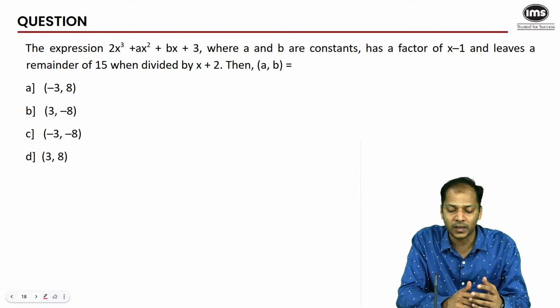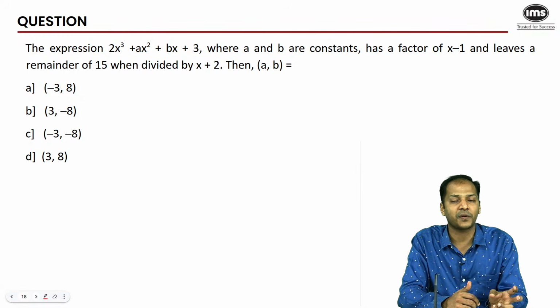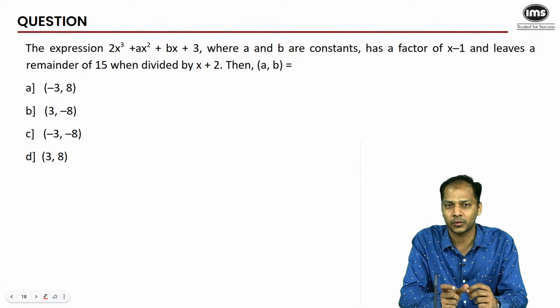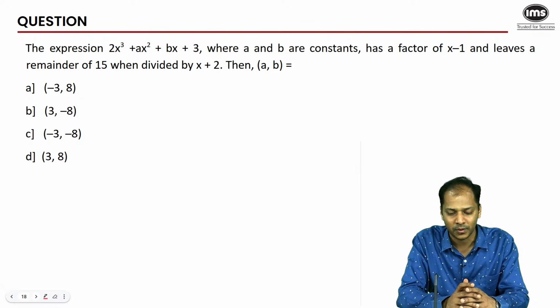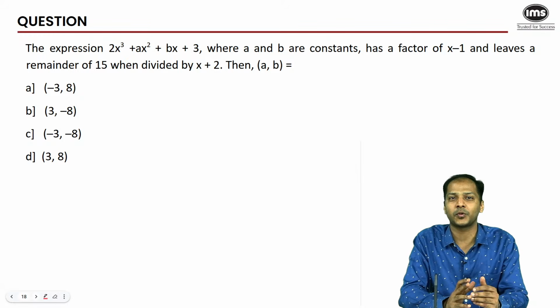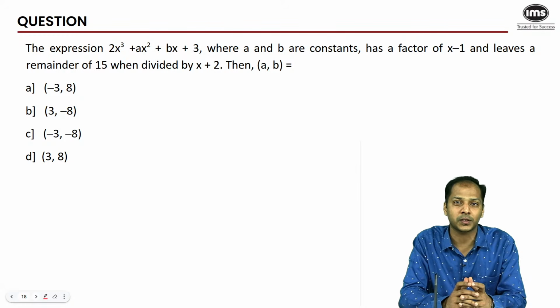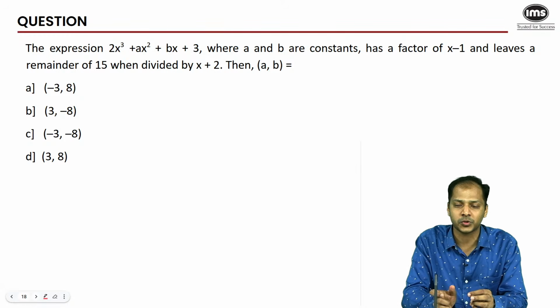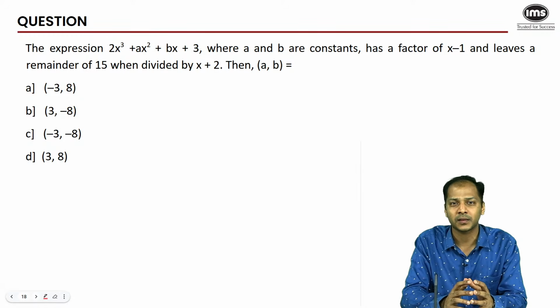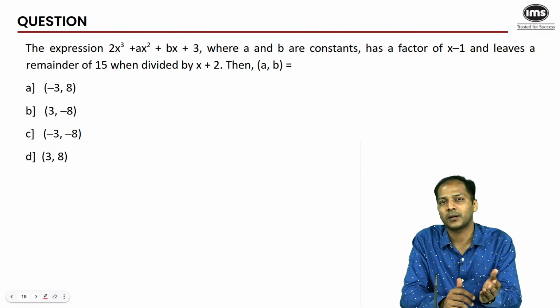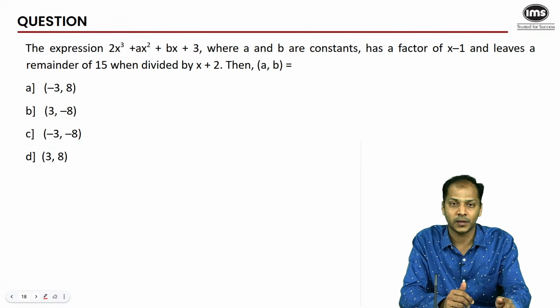You have one expression which has two unknown coefficients a and b, and you have information related to two of the factors given to you. Similar to what we had done in one of the questions, you would have to substitute the roots associated to each of those factors, and you should be able to get the remainder.